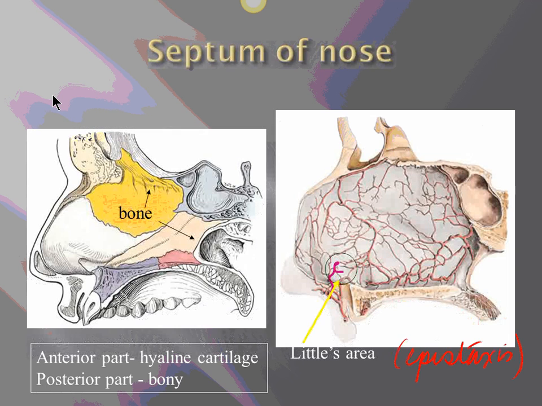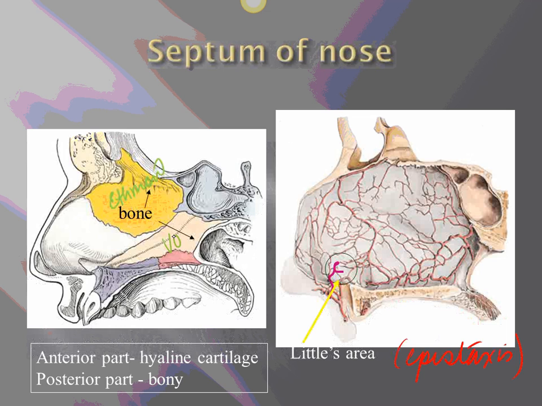Now here, this is the septum of the nose. The septum is part cartilaginous and part bony. The anterior part, which is this area here, is hyaline cartilage. And at the back, on the posterior part, it is bony. It's made up of two bones. This one here is the ethmoid bone.